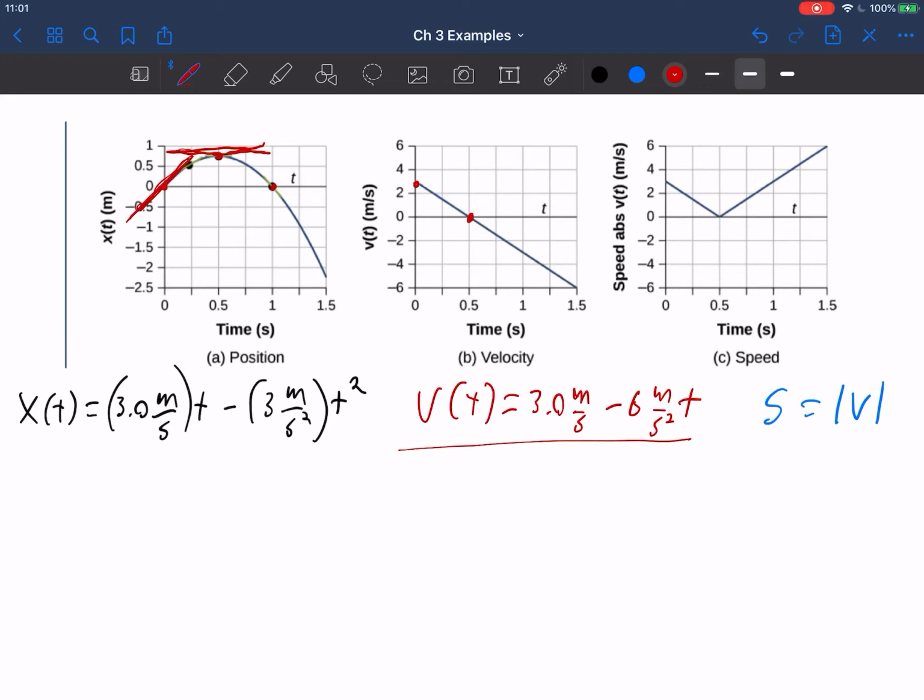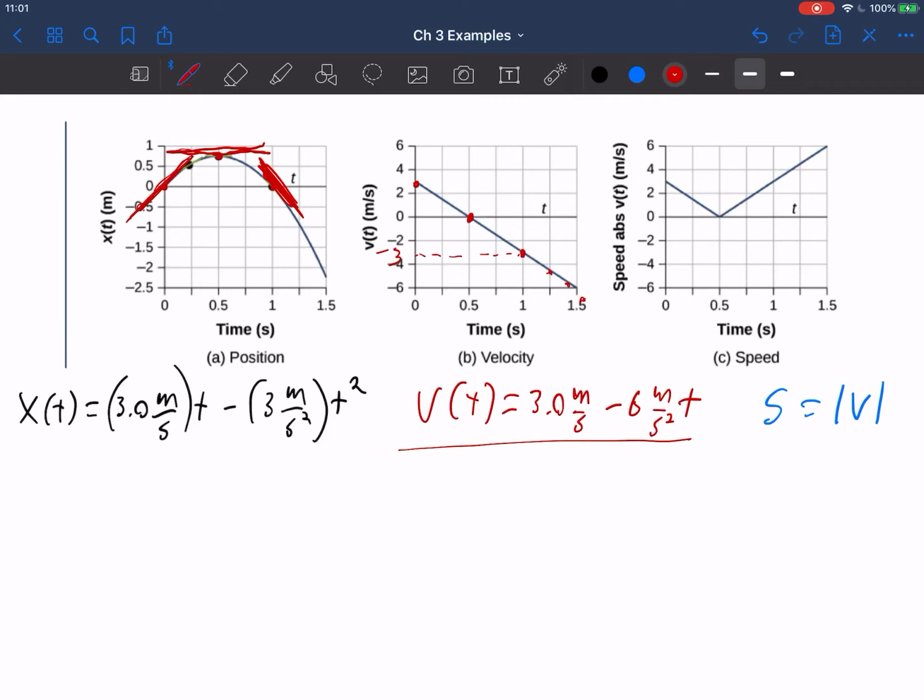By the time we get to time equals 1 second, we're now traveling at minus 3 meters per second. Right, that corresponds to the slope of the tangent line at that moment on the position versus time graph, and you can see we continue to move in the negative x direction, just speeding up and speeding up, moving faster and faster in the negative x direction.